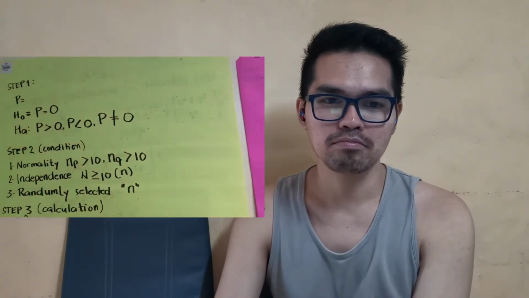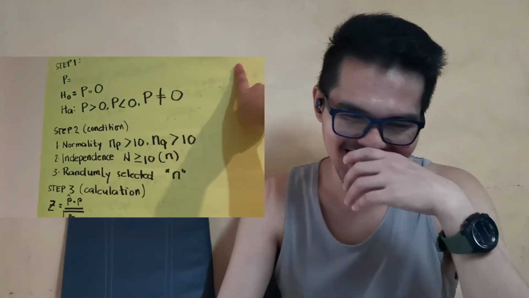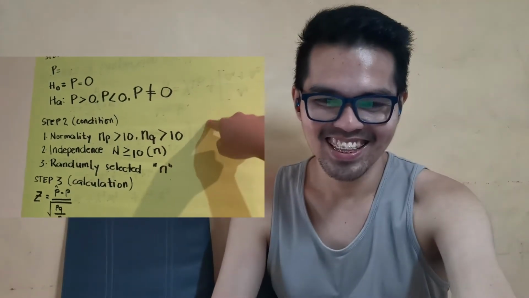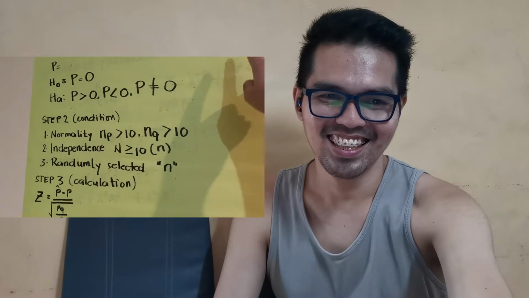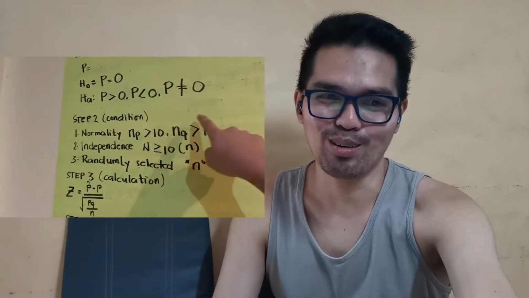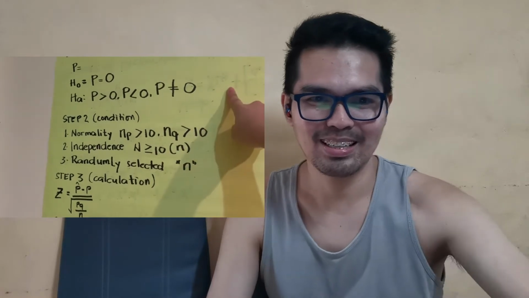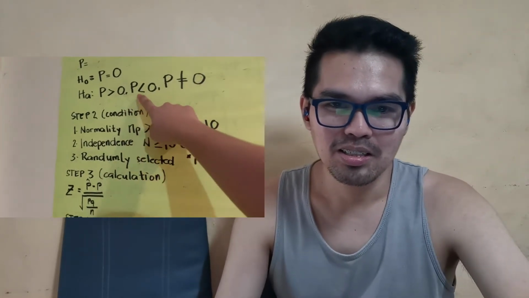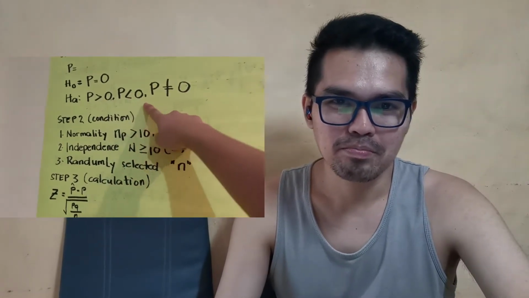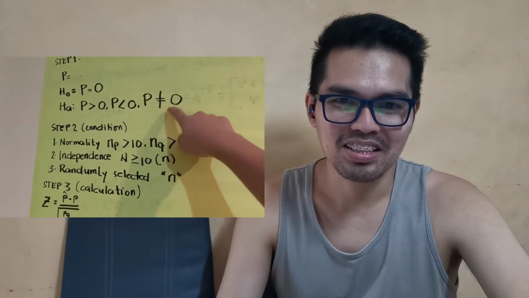Step 1, you define p, the parameter, the H sub 0: p equals 0, and H sub a, the alternative: p greater than 0, or less than 0, or p not equal to 0.